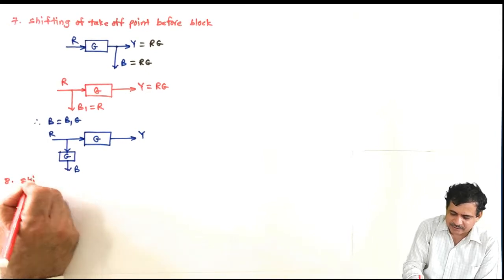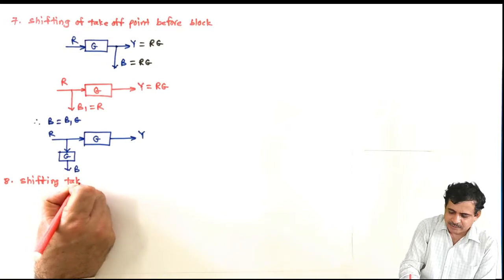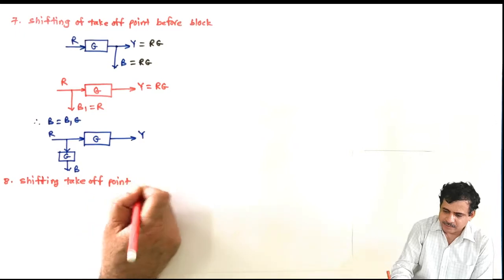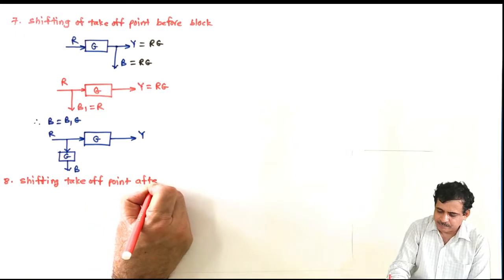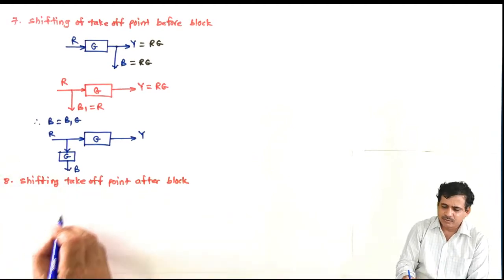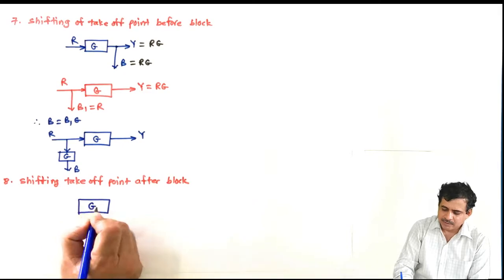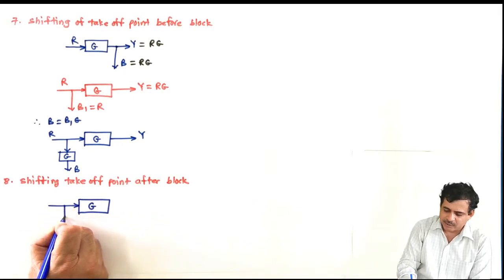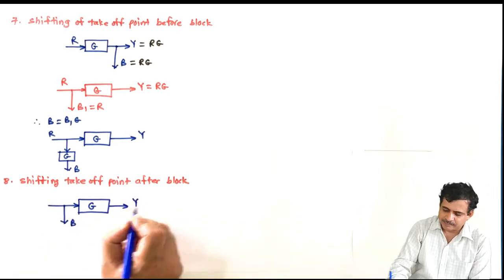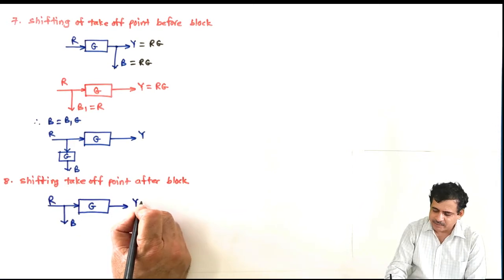Exactly opposite of this. Shifting takeoff point after the block. Means what we have here a block, we have here a takeoff point with B, and this is output Y. This is R. So what is Y?